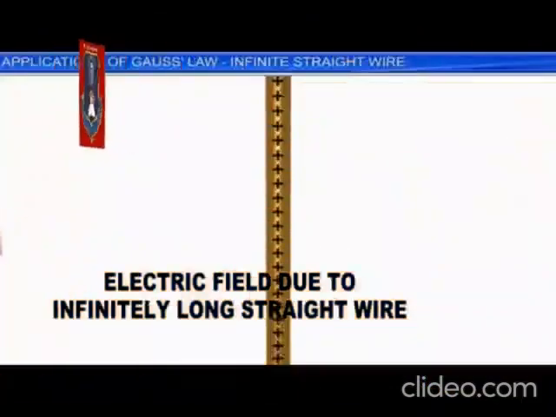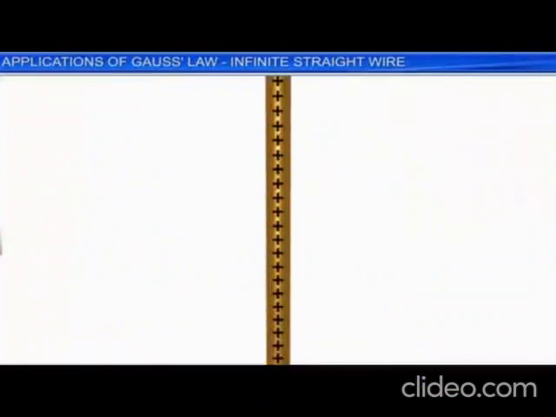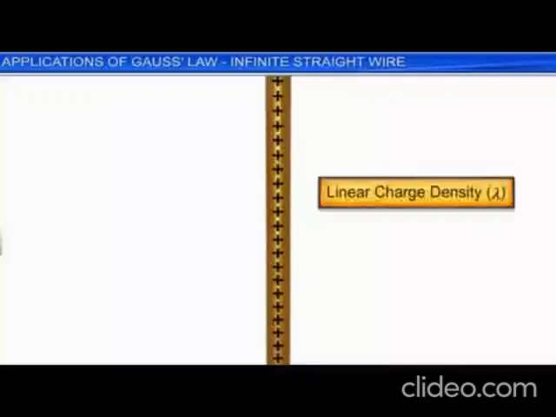Consider a long straight wire carrying a uniformly distributed positive charge. Its linear charge density, lambda, is the charge per unit length of the wire. That is, lambda is equal to Q by L, where Q is the total charge on the conductor distributed over length L of the wire.